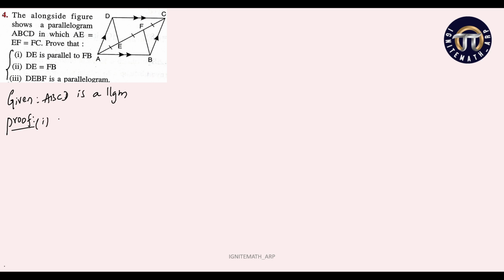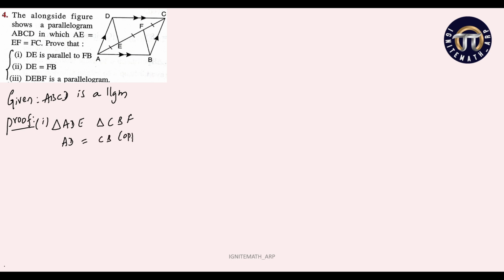First, I'll take the triangle ADE and triangle CBF. Here I can say that AD is equal to CB.